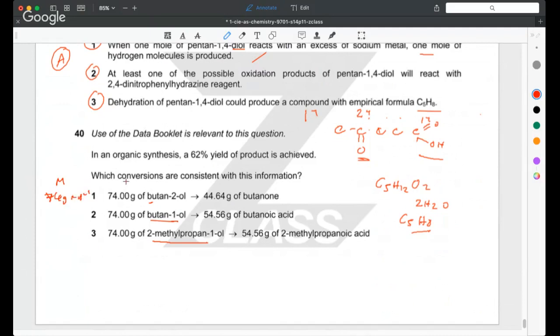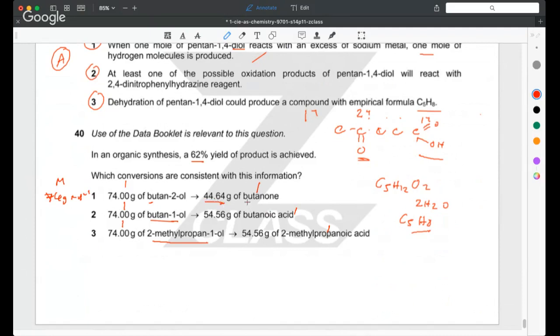So that means you've got 1 mole of that, 1 mole of that, 1 mole of that, and in principle, they should give 1 mole of that, 1 mole of that, and 1 mole of that. And so you work out the molar mass of each of these and see if the molar mass multiplied by 62% gives you the actual yield that you got.